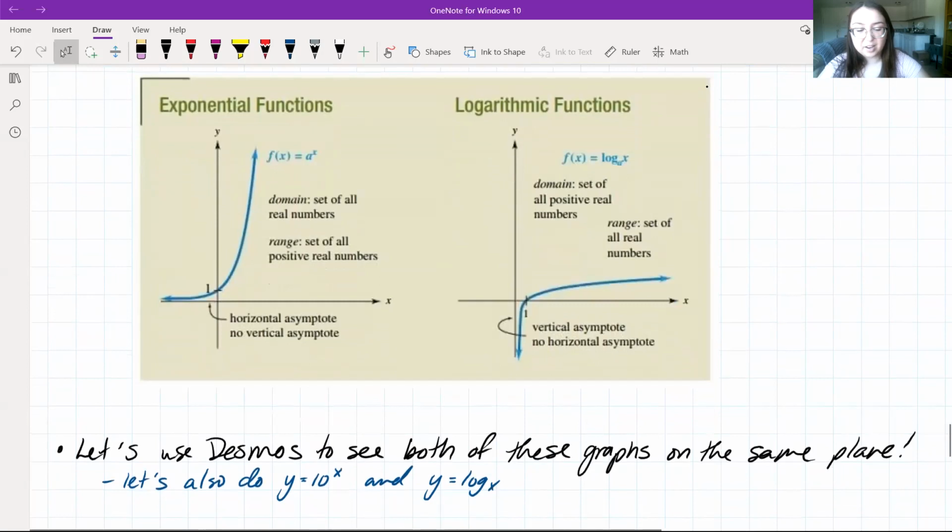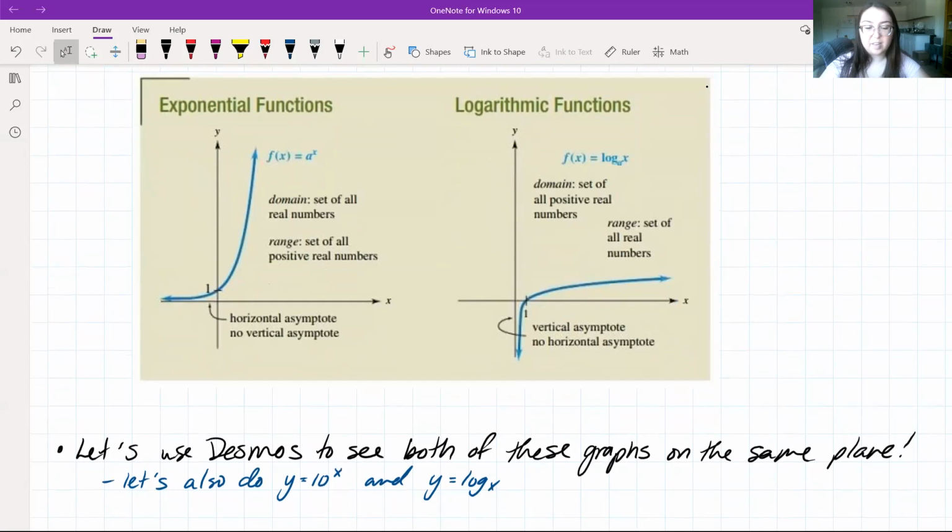So now we move on to talk about our exponential functions and our logarithmic functions. Exponential functions are usually seen as f of x equals a to the x power. Our domain is always going to be the set of all real numbers, and our range is going to be the set of all positive real numbers.